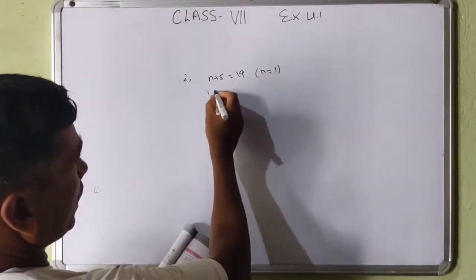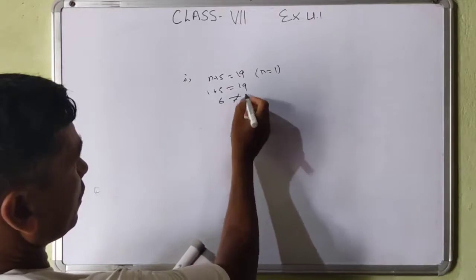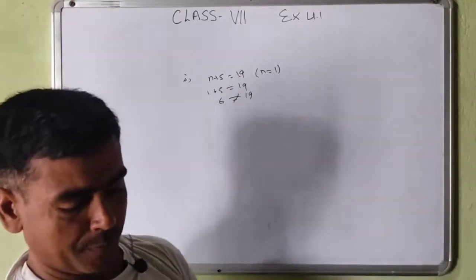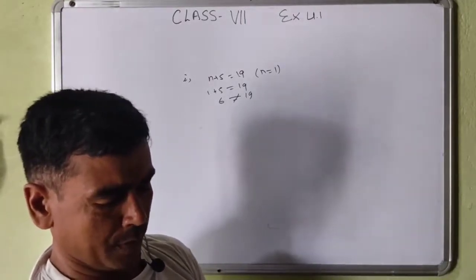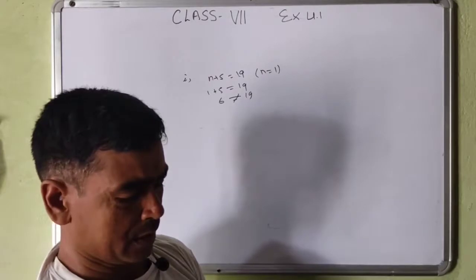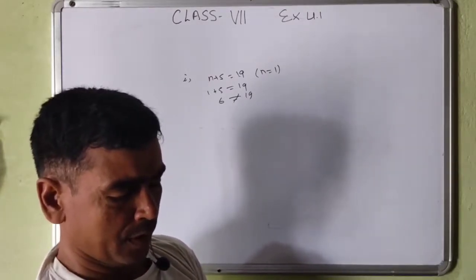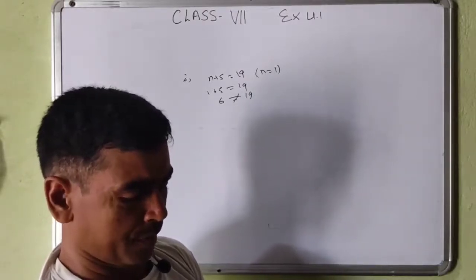So 1 plus 5 is 6, and 6 is not equal to 19. So this is no. Similarly B will also be no. C will be yes. D no, E no, F no.